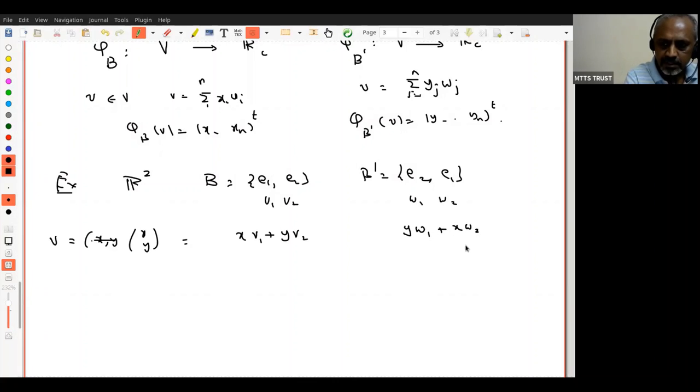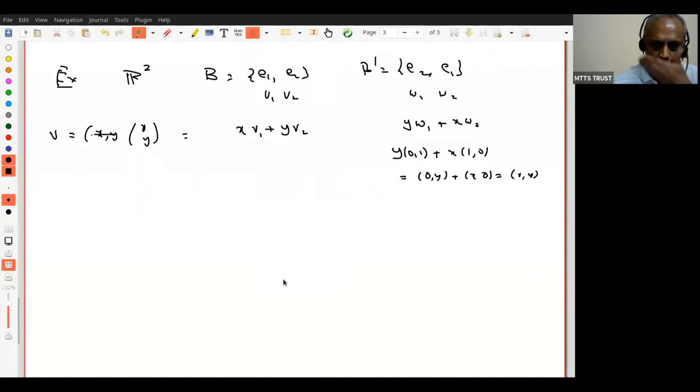Make sure you understand, because y w1 is y into (0, 1) plus x into (1, 0). I just gave a very trivial example so that you learn.